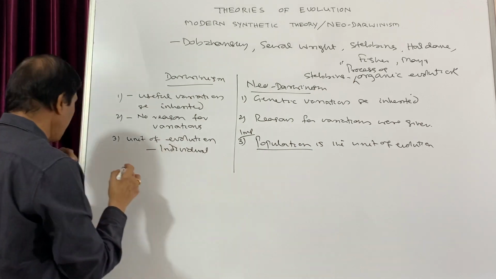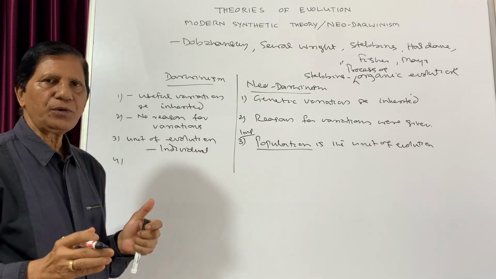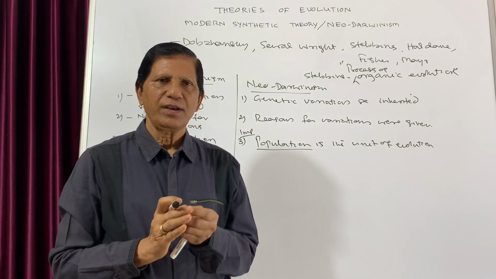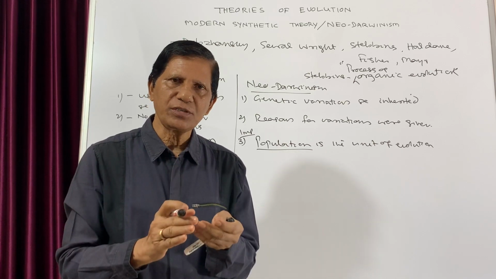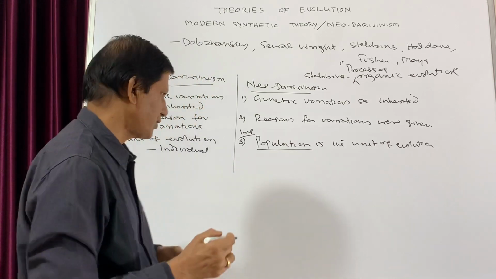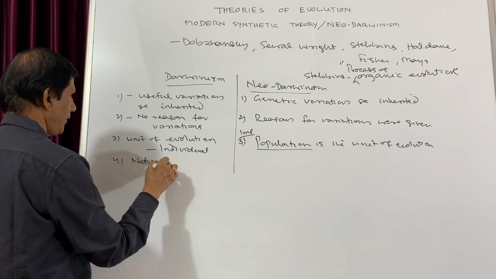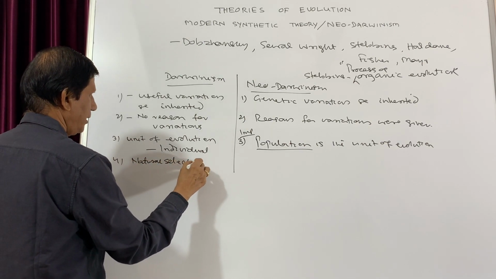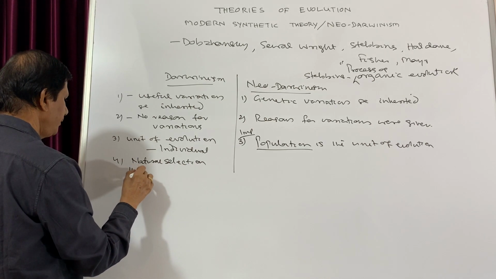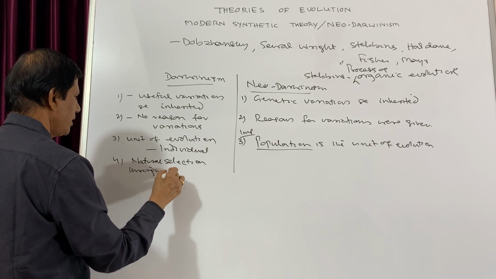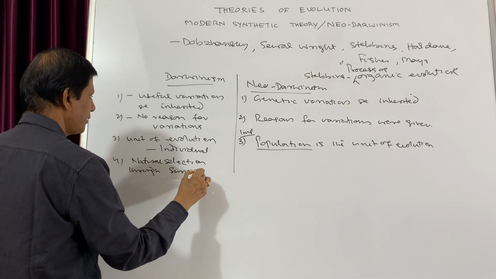Then another point: according to Darwin, natural selection takes place through survival of the fittest.